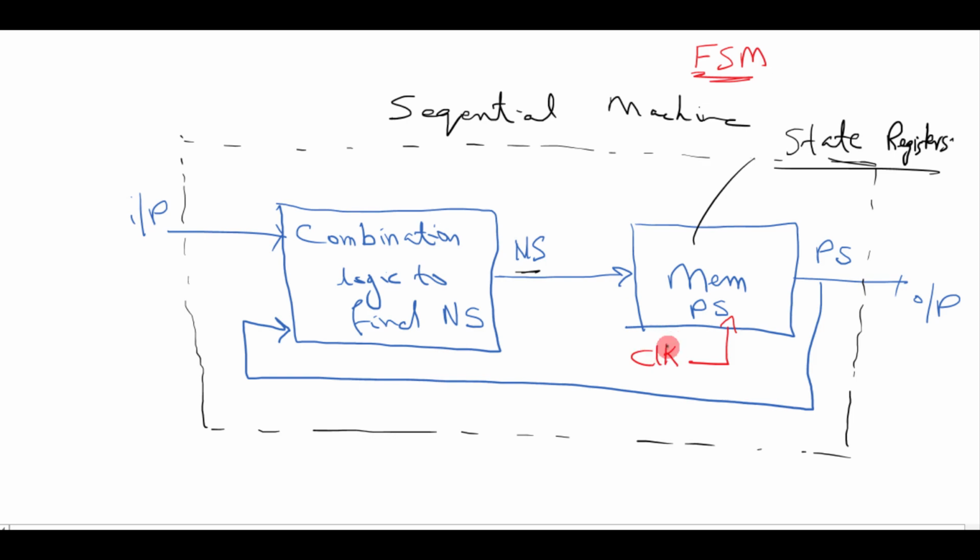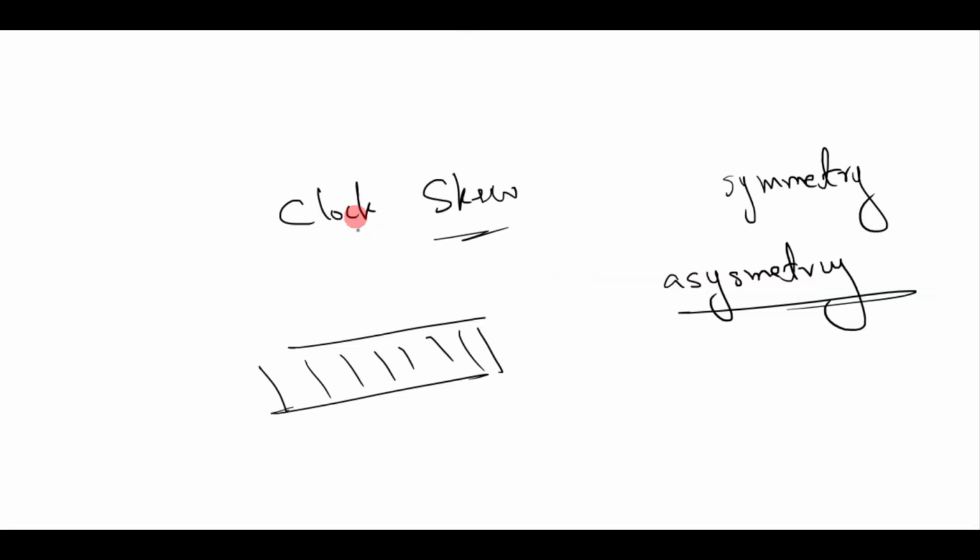Clock skew requires that active edge must not appear exactly at the same time at each flip-flop to avoid race conditions or metastability. So the clock skew is another requirement that your sequential circuits must meet.